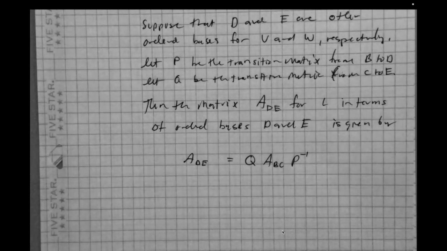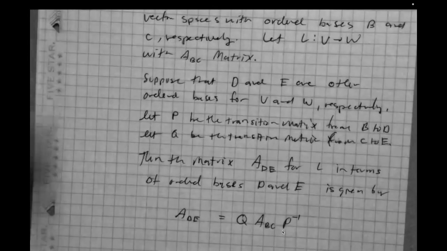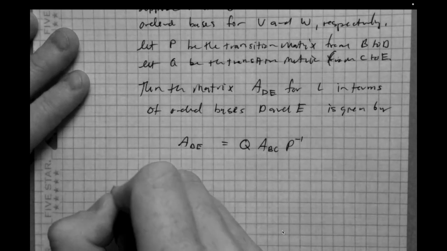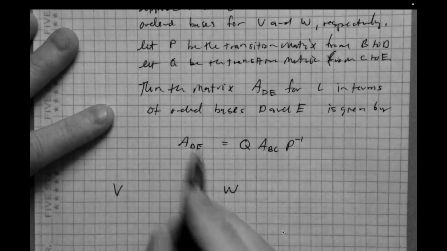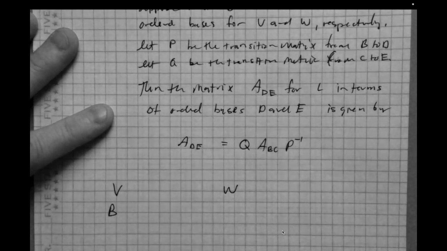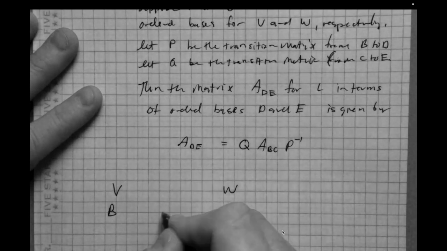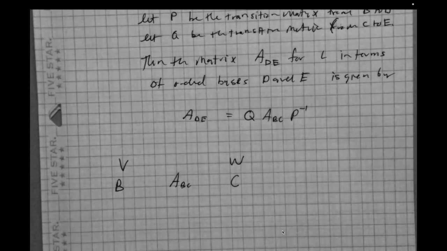All right, so let's think about this a little bit. As I said, this is a very wordy theorem, so let's see if we can break this down. So I've got V and W. Over here on V, I start with ordered basis B, and on W, I start with ordered basis C. Now I've got the matrix A sub BC.